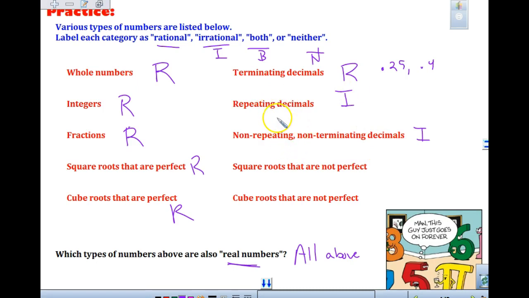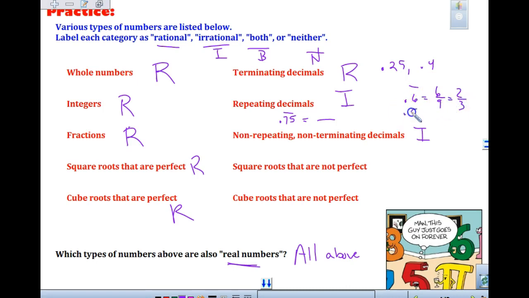Didn't you guys just write in your homework last night 0.75 repeating? Didn't you just write that as a fraction? Wasn't that the assignment, to write repeating decimals as a fraction? Didn't we just say, oh, if it's 0.6 repeating, that's really 6/9 or 2/3, right?